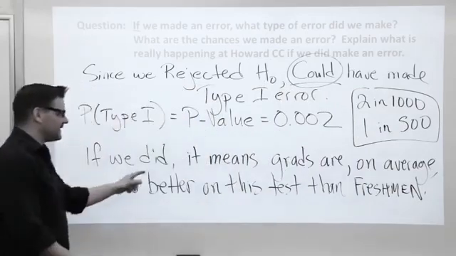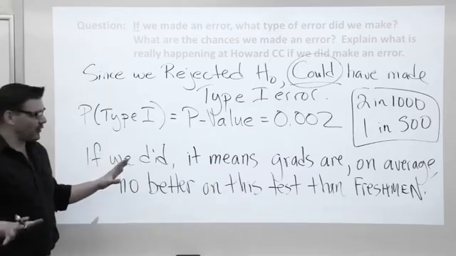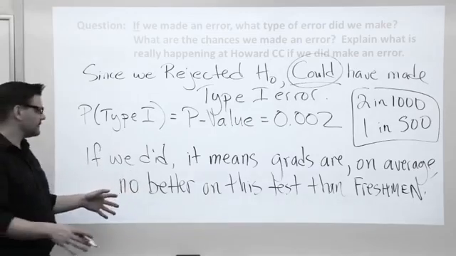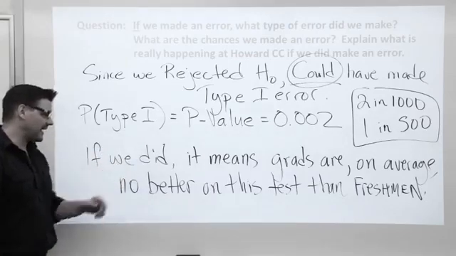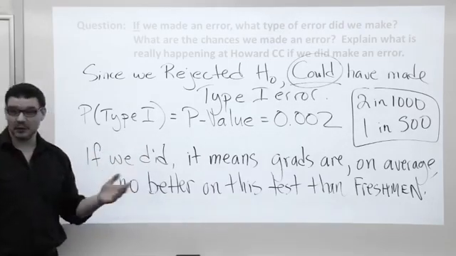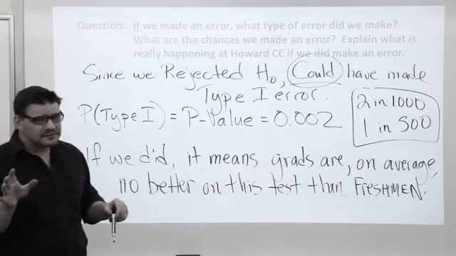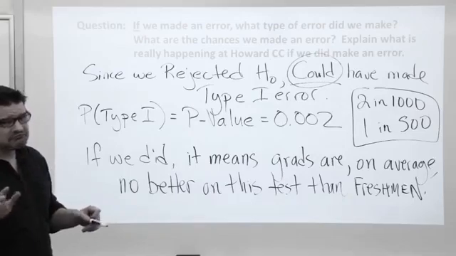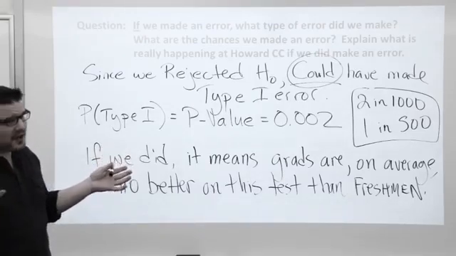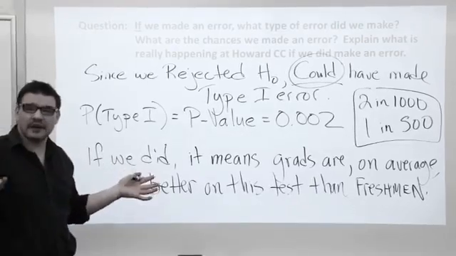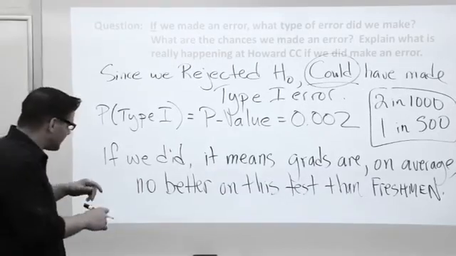It's a tiny chance that this is what's happening in reality. The data is overwhelmingly pointing to grads doing better on average. But there's a 1 in 500 chance that if we did make that mistake, grads are on average just no better than freshmen. This had some weird data, or some biased data. Who knows? Maybe we hand-selected the best and brightest graduates just to sound good. I'm not saying that happened. But you've always got to think about these what-if possibilities.